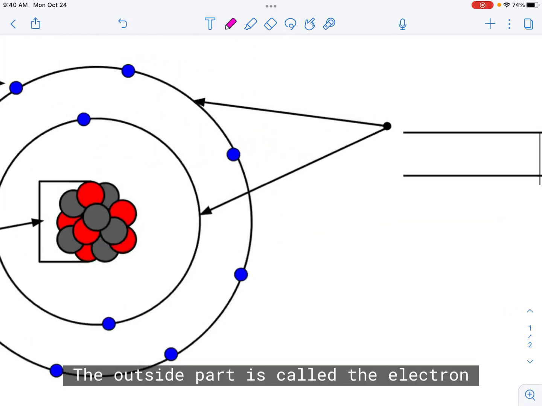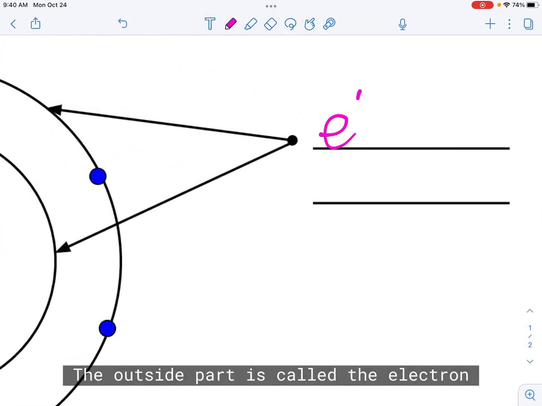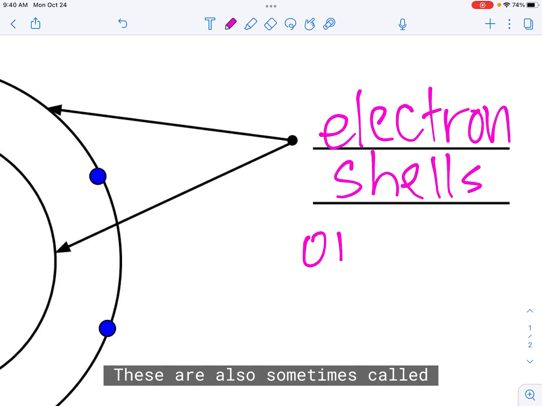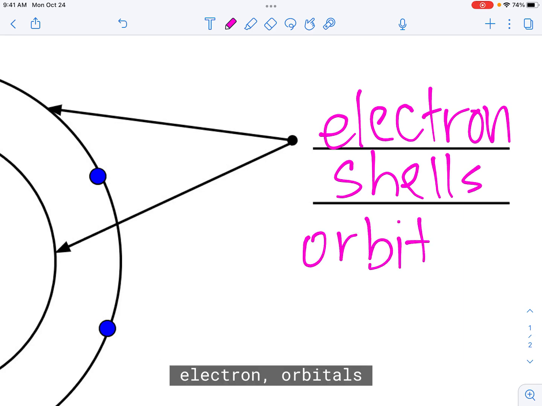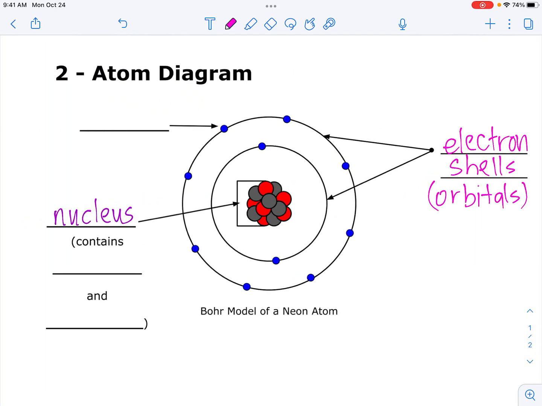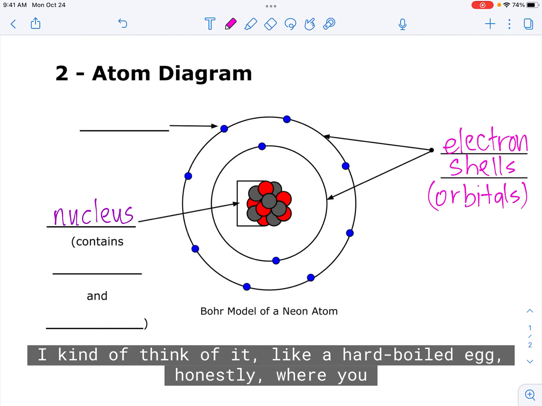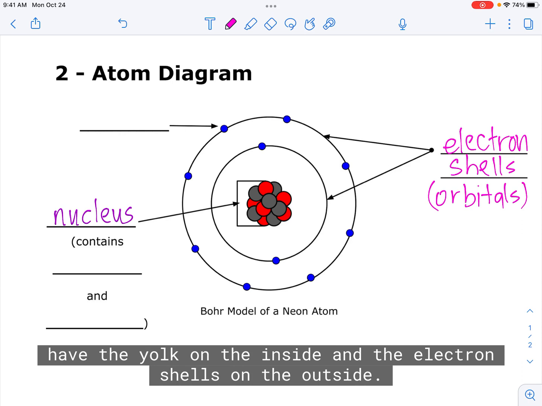The outside part is called the electron shells. These are also sometimes called electron orbitals. So inside is the nucleus, outside is the shell. I kind of think of it like a hard-boiled egg, honestly, where you have the yolk on the inside and the electron shells on the outside.